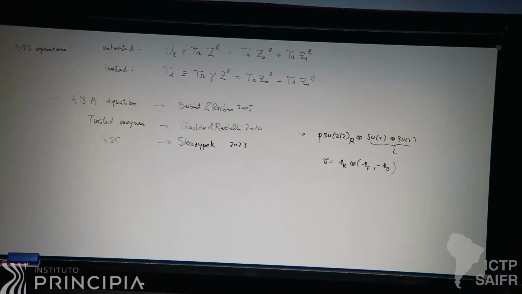So these are the first ingredients from the integrability.